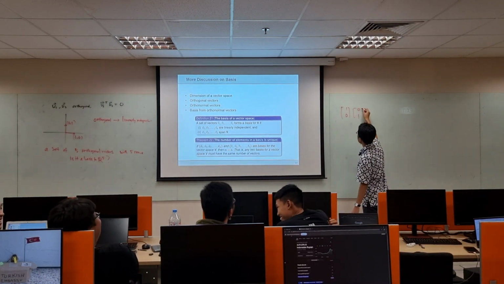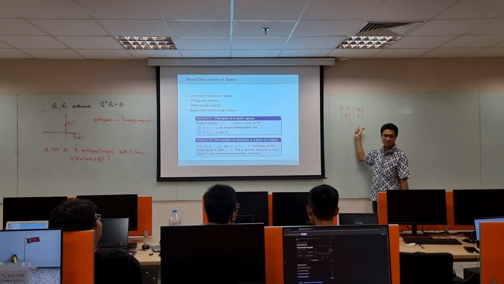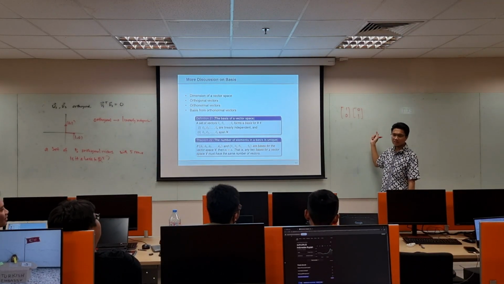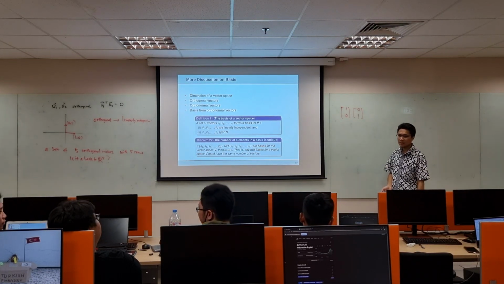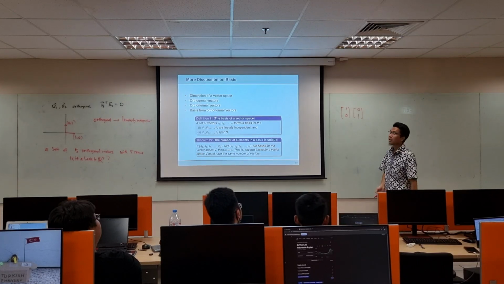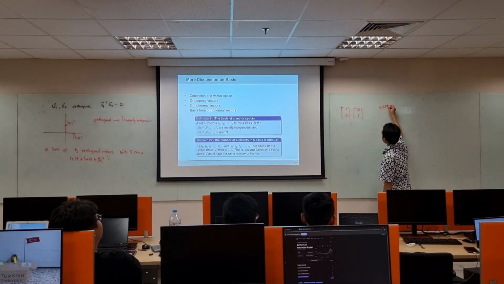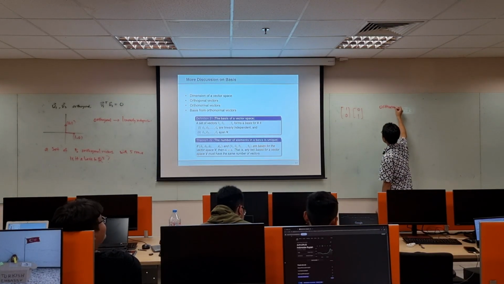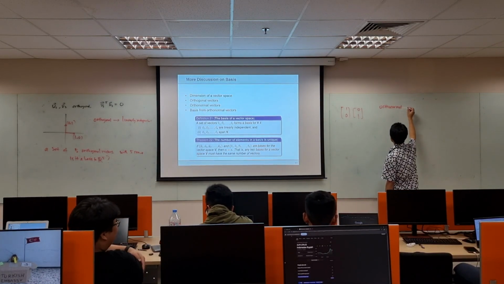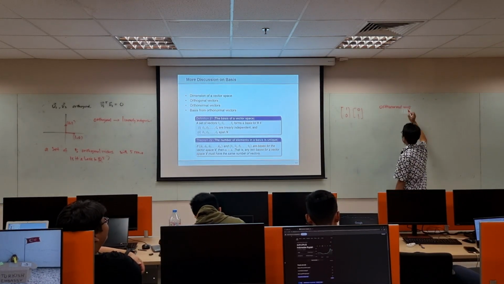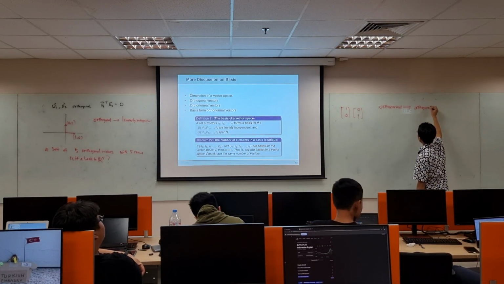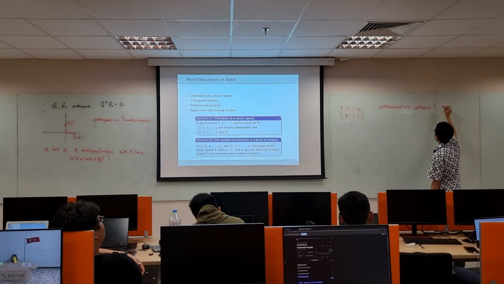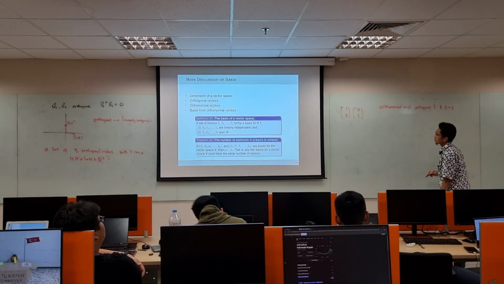Is this orthogonal? Yes. Is this orthonormal? Yes. Orthonormal means that it is orthogonal and the norm of the vector is equal to 1.